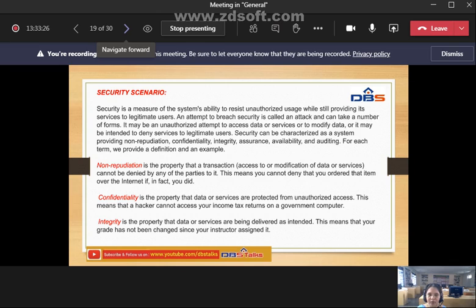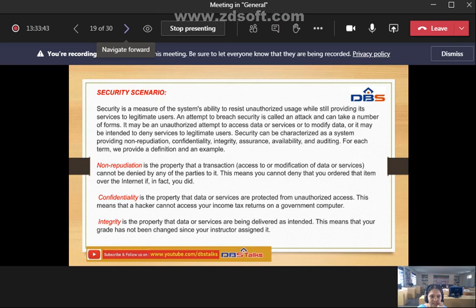We already know what security is. Security is a measure of the system's ability to restrict unauthorized usage while still providing its service to legitimate users.